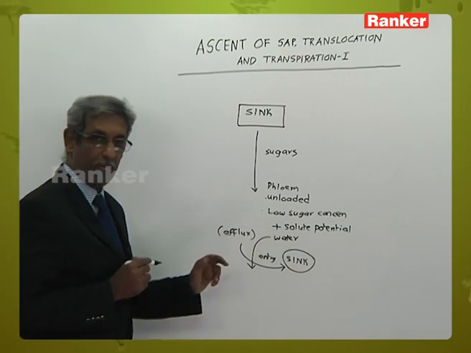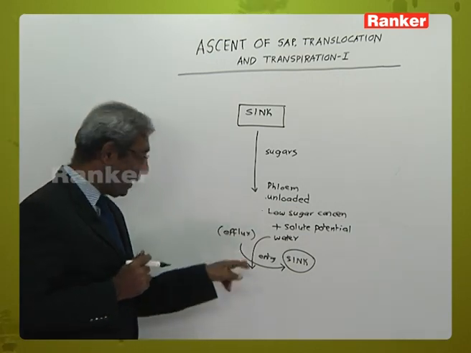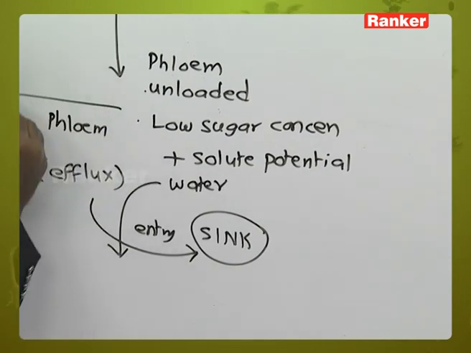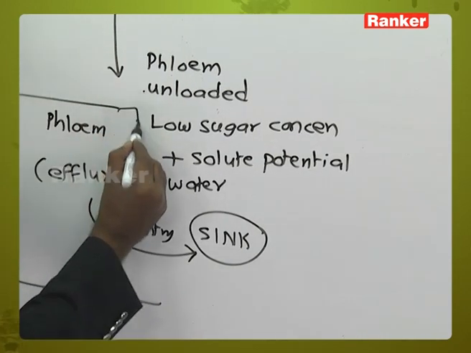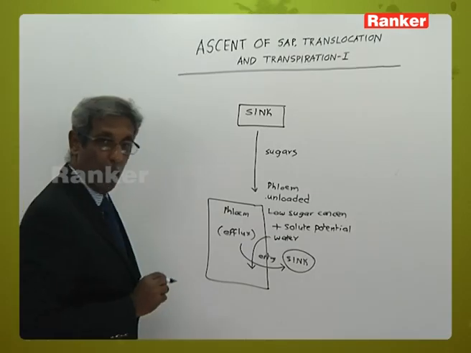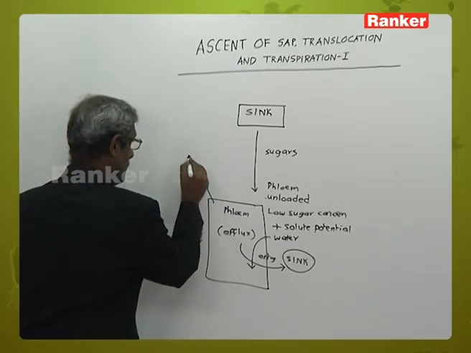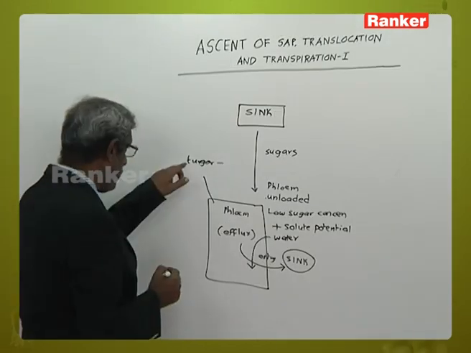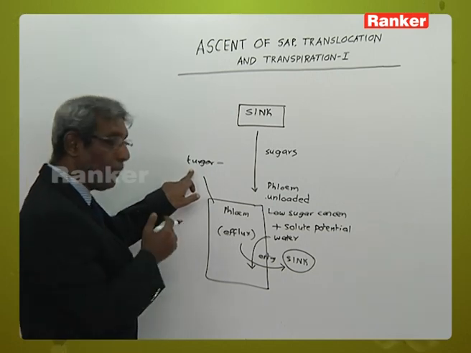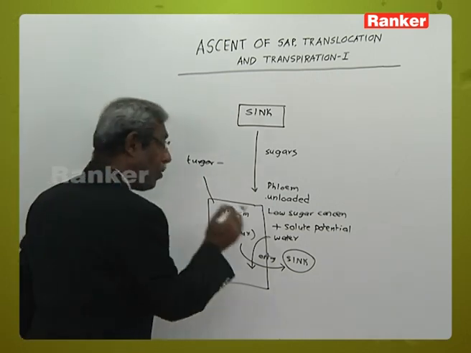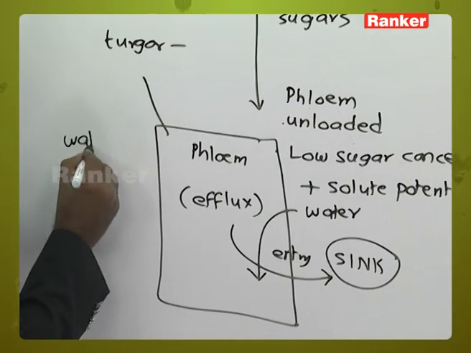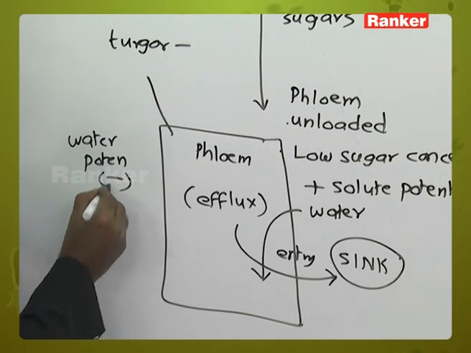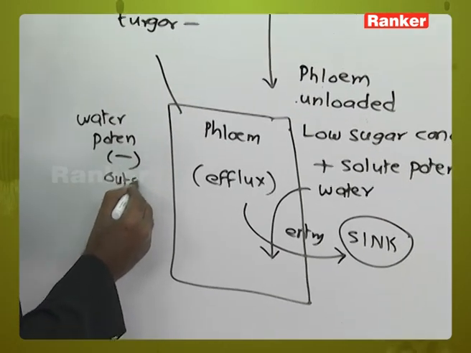Once it enters the sink, because water is moved out, the turgor in the phloem decreases. So, because turgor decreases, the water potential is lower on the outside of the cell.